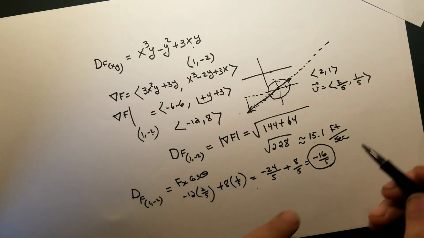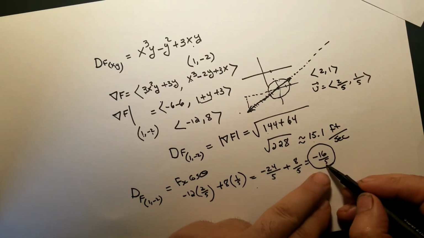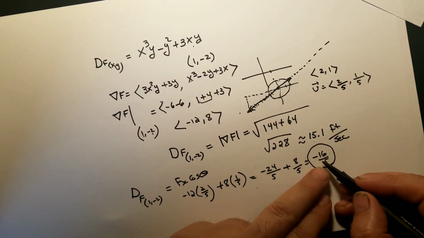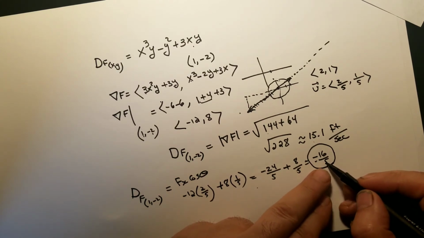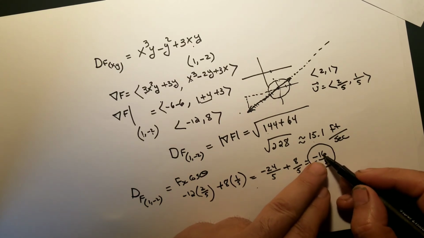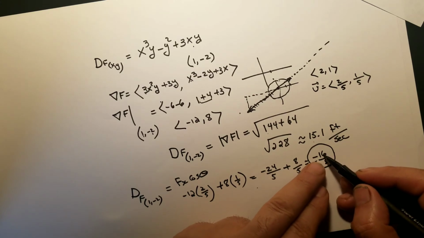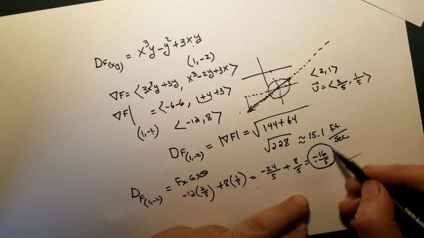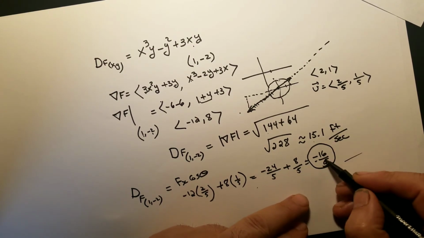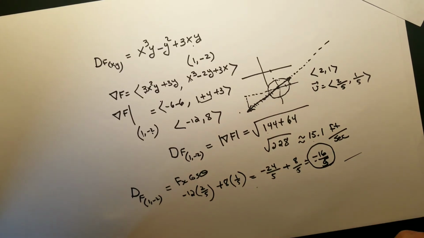Therefore, you have to say, sir, in that direction the rate of change is negative. It's not really burning fastest, because for every 5 units you go right, it goes down 16 units.